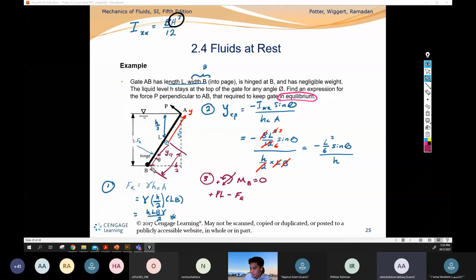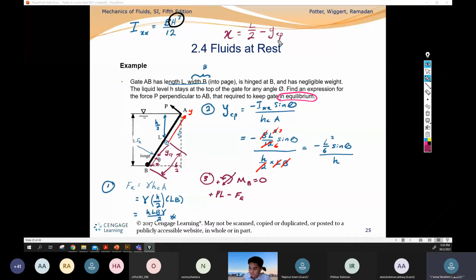How to get this value? L over 2 minus YCP. Yes, correct. So this length, for example, this is X. This X is equal to L over 2 minus YCP. So far, do you guys understand?